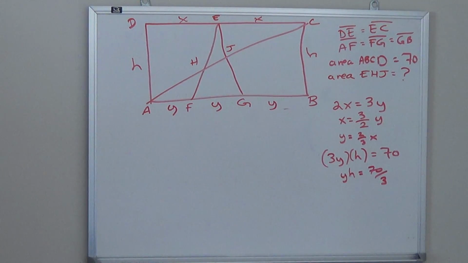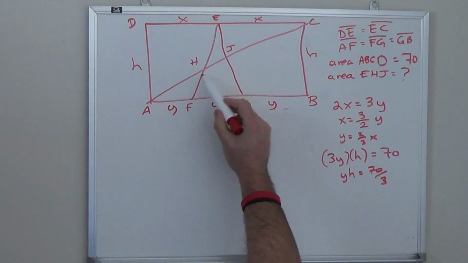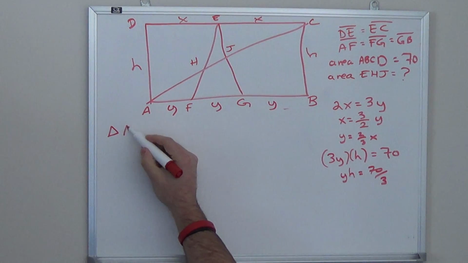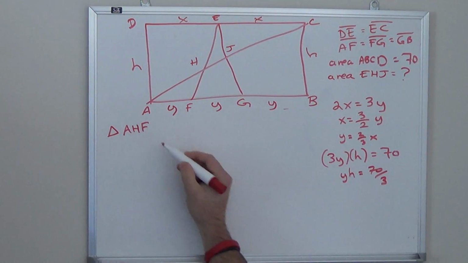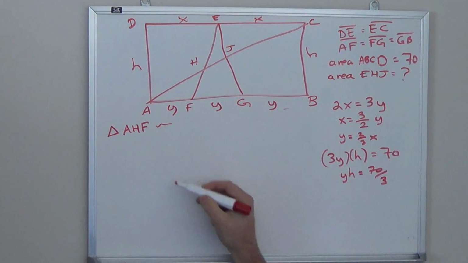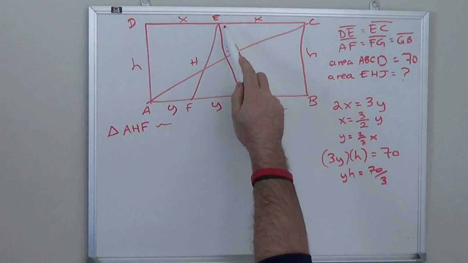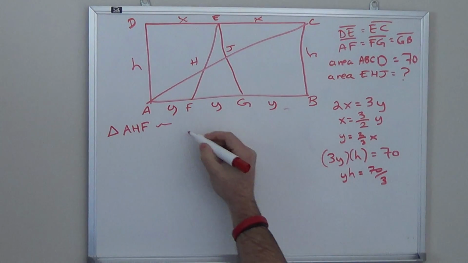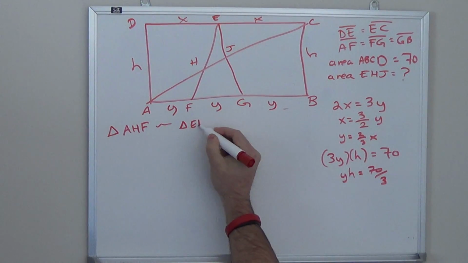And when I look at this, if I look at, let's say, this triangle here, triangle AHF, I think that's similar to this big one here, EHC. So let's see what we can do with that here.